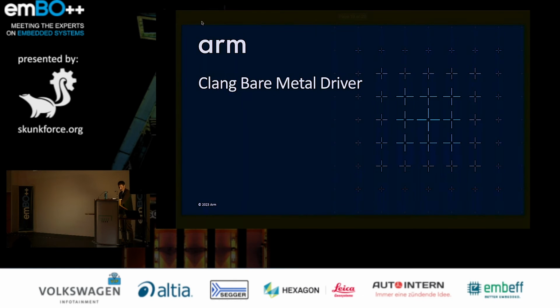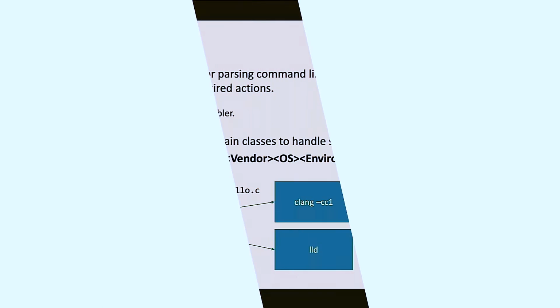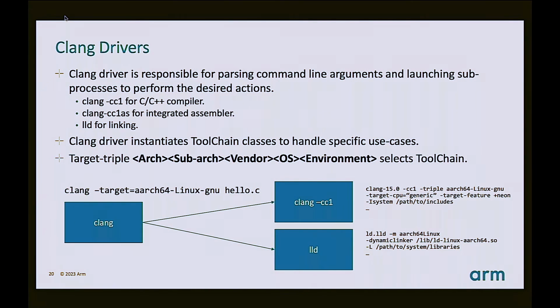Okay, so I'm probably going to skip through these fairly quickly because this is mostly from the LLVM code generation, more compiler internals than you probably want to care about right now. But if you are interested in how Clang does this, in essentially every target, it breaks down into this architecture, vendor, operating system, environment, that type of thing. And Clang basically matches that to a toolchain class that you can go and look up.